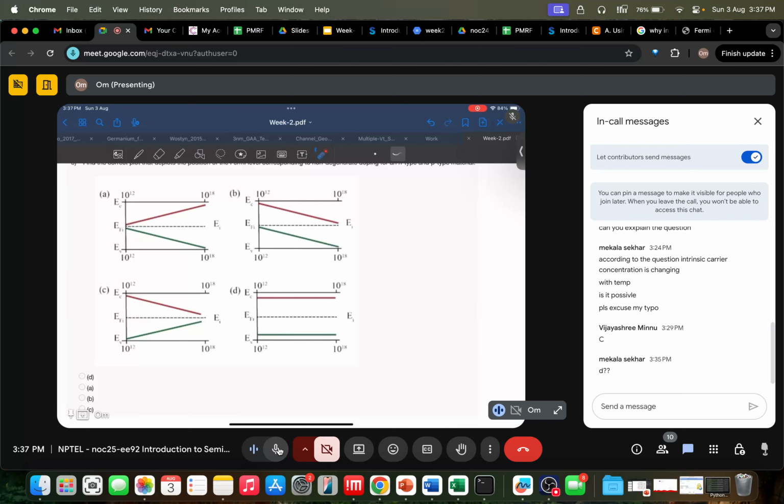So okay, tell me, for N-type doped, Ef is closer to where?